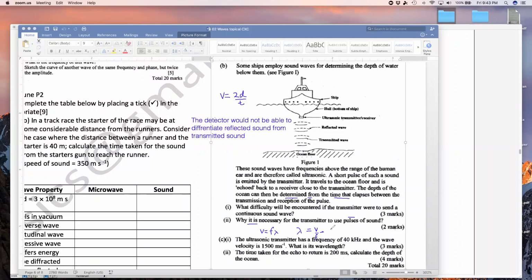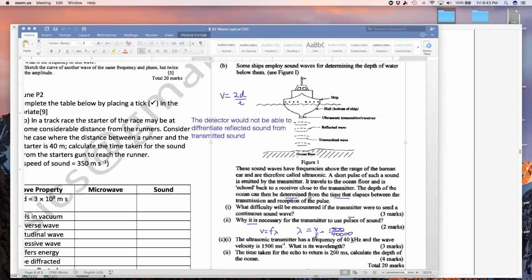In this context, it will be 1500 over 40,000. Why 40,000? Because you have a kilohertz. Kilo means 1,000.